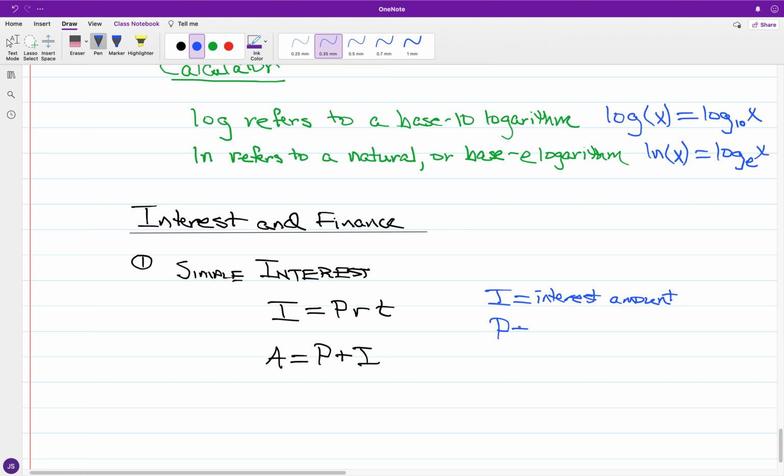P is going to be the principal, which will be the amount financed.